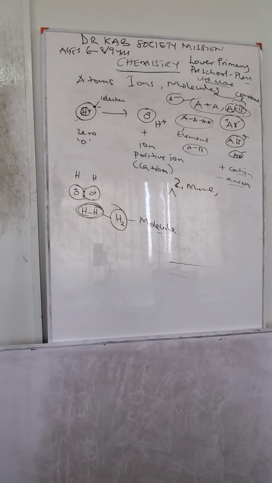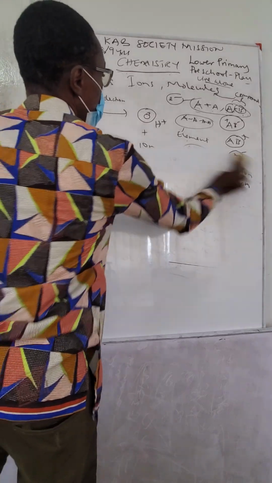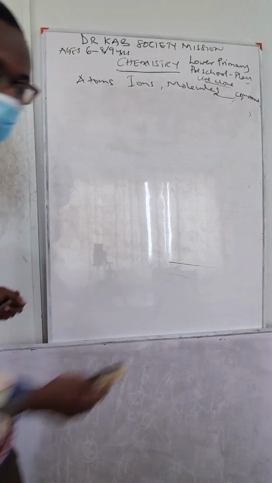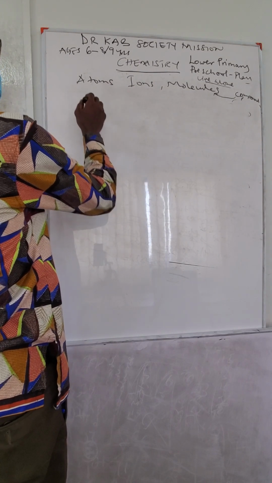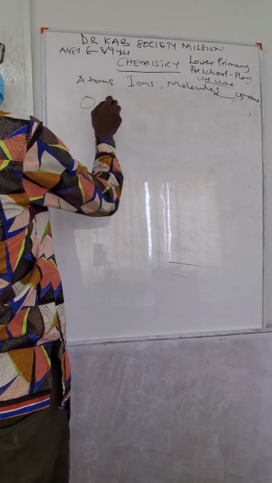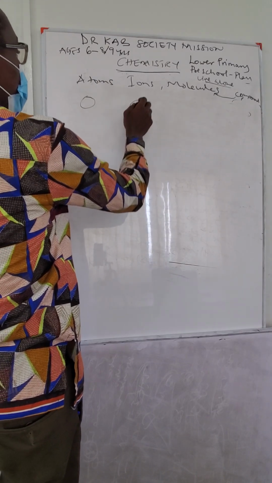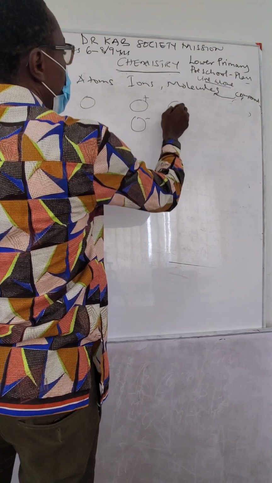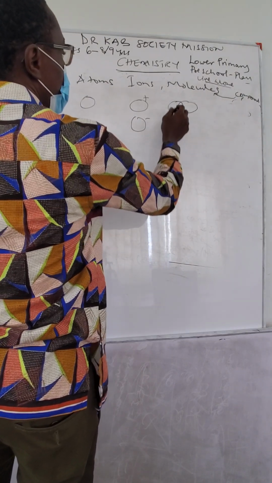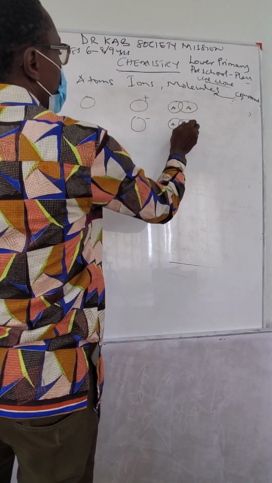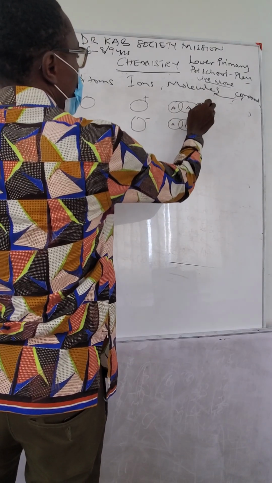Now we just look at it. The drawing is what matters, how we draw them. So I have this one. It's an atom. This is charged, this is negative. This we can have together, that's A and A. A and B, and we add one.